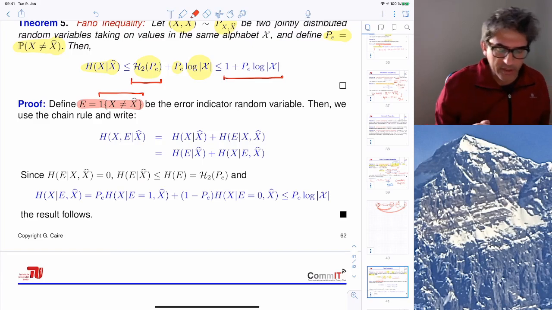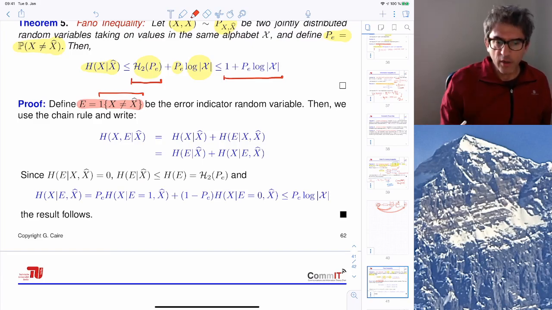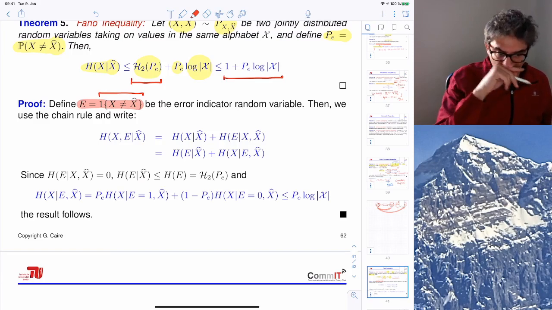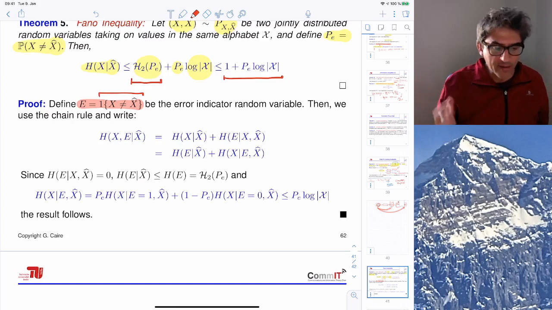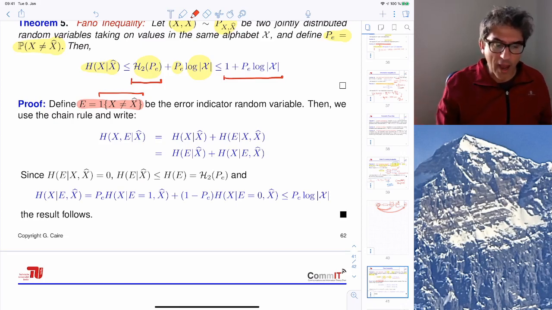This is a symbol that says this is 1 when they are different, 0 when they are equal. So this is a new binary Bernoulli random variable whose probability of being 1 is precisely P_E, the probability that x is different from x hat, and the probability of being 0 is 1 minus P_E.